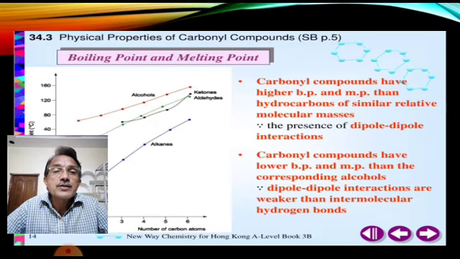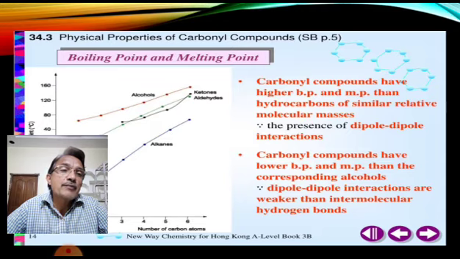The question arises, why do carbonyl compounds have lower boiling point and melting point than the corresponding alcohols? Due to the presence of dipole-dipole interactions. Dipole-dipole interactions are present in all carbonyl compounds, but these interactions are weaker than intermolecular hydrogen bonds.